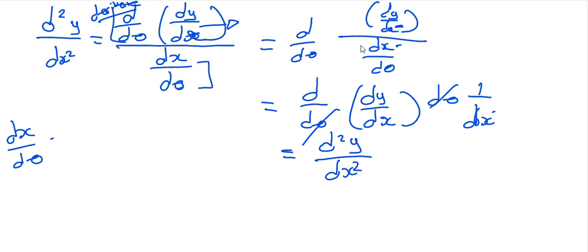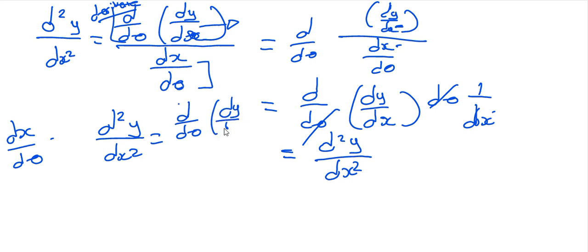So if you can check, we are going to see something like this. If our equation says that we're supposed to find the second derivative, we are going to use this equation, which says d squared y over dx squared is going to be d over dtheta of dy over dx, all over dx over dtheta.